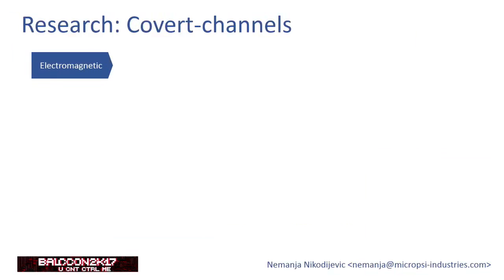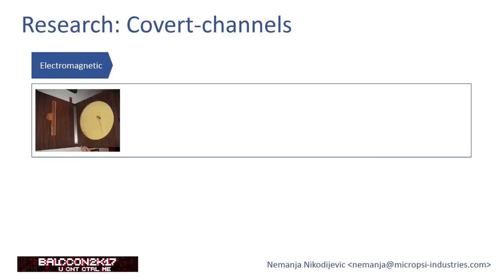And I will start with an example from 1945. This device here is called the Thing. It's a passive bug that was planted inside the US seal, inside the US embassy in Moscow, and it spent like 7 years there. It was created by Leon Theremin. You probably heard of him.